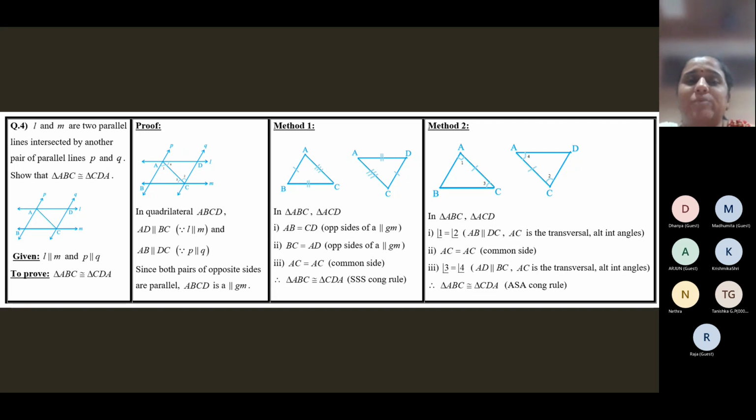When both the pairs of opposite sides are parallel, then it's a parallelogram. Once you say it's a parallelogram, opposite sides are equal, opposite angles are equal. Then because of the parallel lines, you can find alternate interior angles equal. So using all this, you can show that the two triangles are congruent to each other.